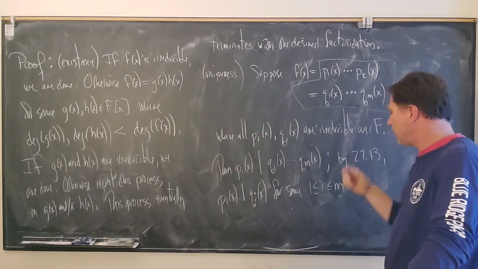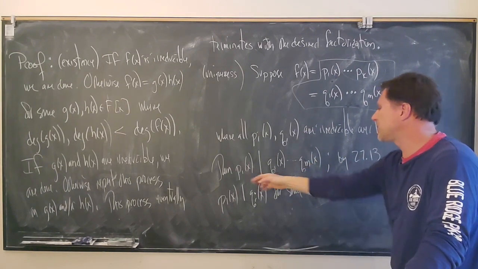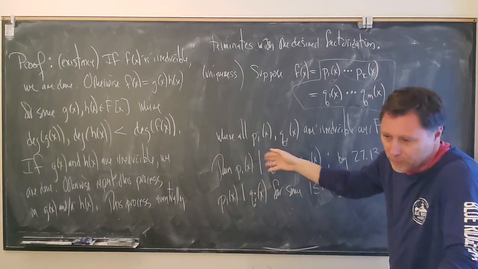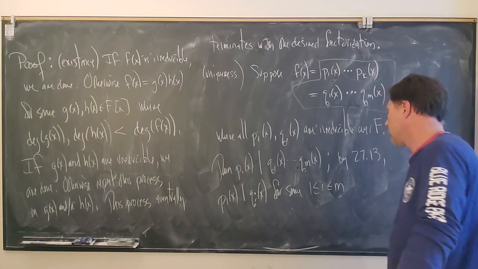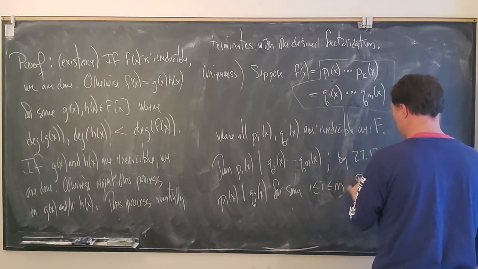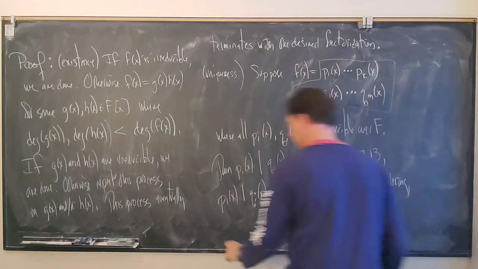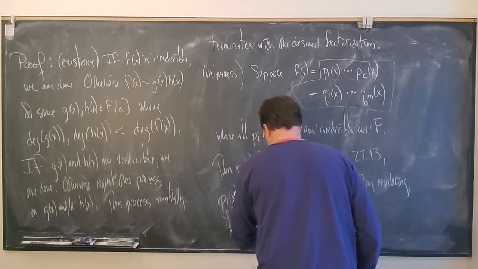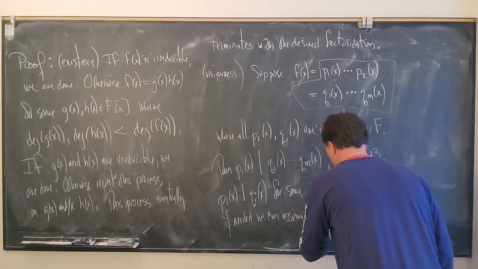Now, what we can do is we can assume, by reordering these if we need to, that p1 just divided the first one. Otherwise, if it divided the 12th one, put the 12th one up at the front to start with and call that q sub 1. So by reordering if needed, we can assume that i equals 1.